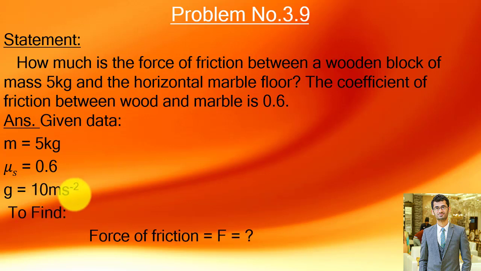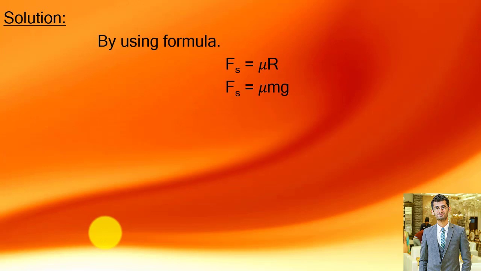We need to find the force of friction. For this purpose, using the formula for the force of limiting friction, Fs is equal to mu into R. We know that R is the normal reaction and its value is obtained by R is equal to W, that is weight of the object, is equal to m into g.